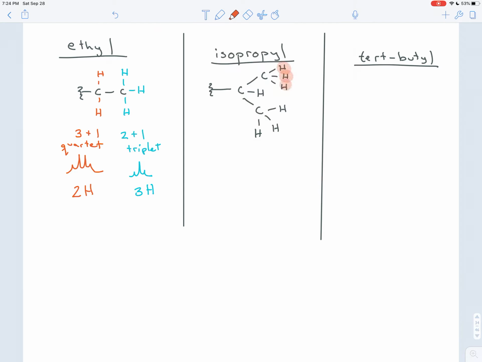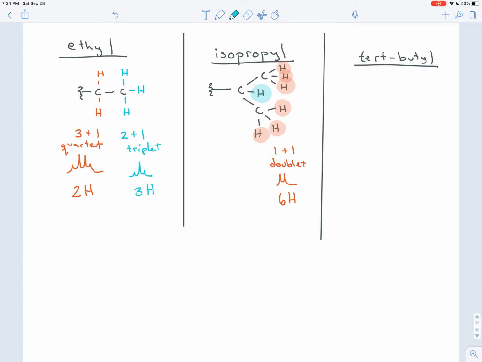All of these hydrogens in the methyl groups, those are in one electronic environment. They are next door to just one hydrogen. So because of the n+1 rule, one neighboring hydrogen plus 1, those are going to split into a doublet. And that doublet should have an integration value of 6 hydrogens.